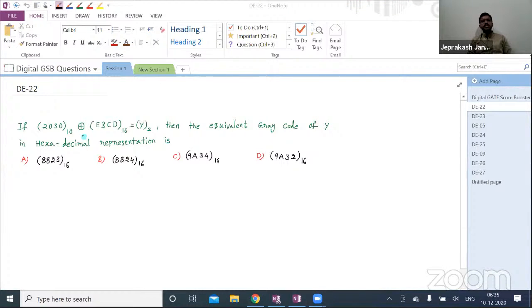So first read the question. If 2030 base 10 exclusive OR EBCD base 16 equals Y base 2, then the equivalent gray code of Y in hexadecimal representation is. So first, what you have to do is convert this decimal number into hexadecimal. What is the procedure?